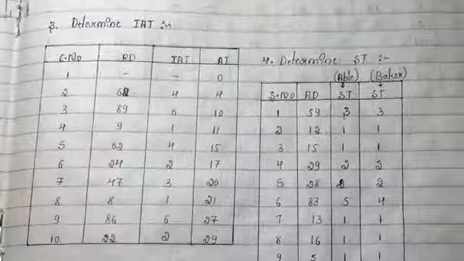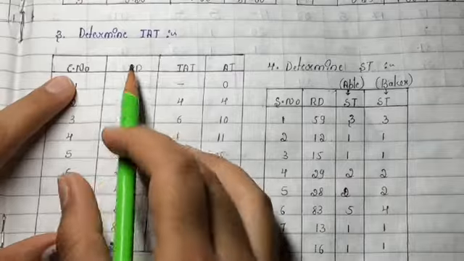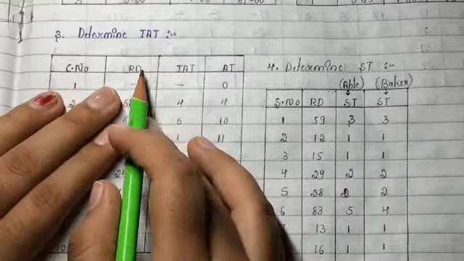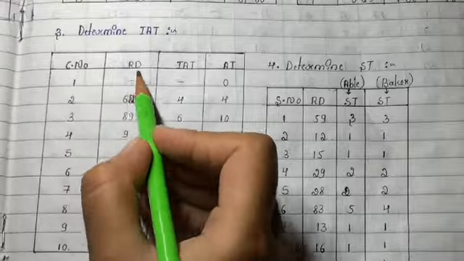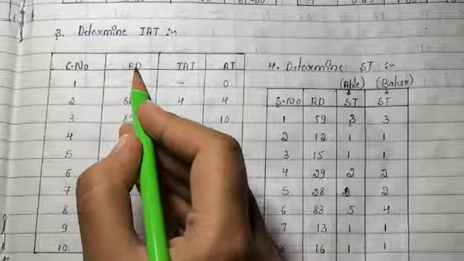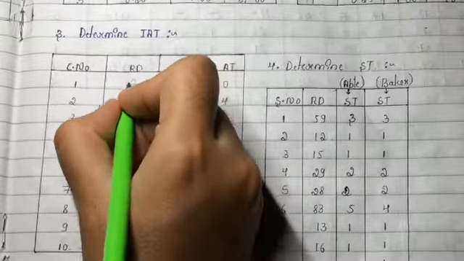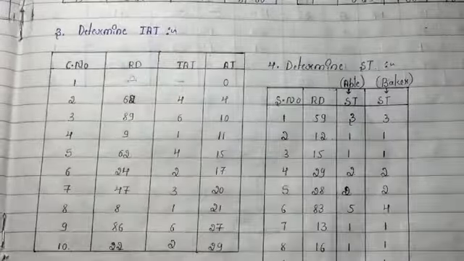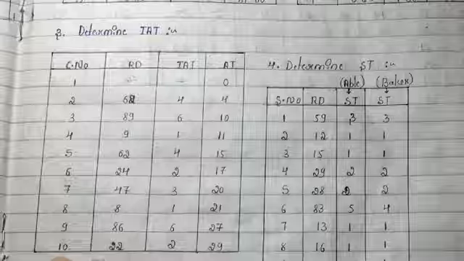Okay, now moving to the next step, that is the third step, determine inter-arrival time. Now random digits are given in the question, so we are copying down those values. We know that for the inter-arrival time the random digit should always be considered as 0, so we are putting a dash here, and for the number of random digits, that many customers we need to consider.